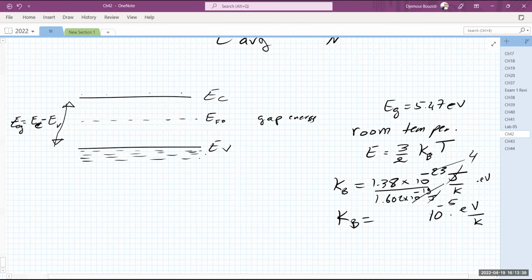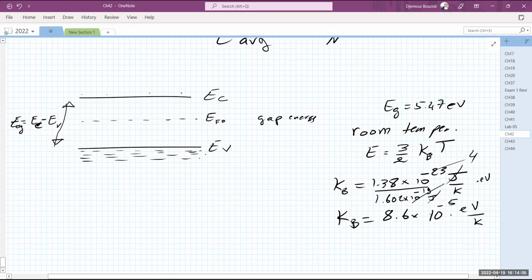It's going to be a very tiny number. So this is 8.6 times 10 to the negative 5 electron volts per Kelvin, 86 micro electron volts.